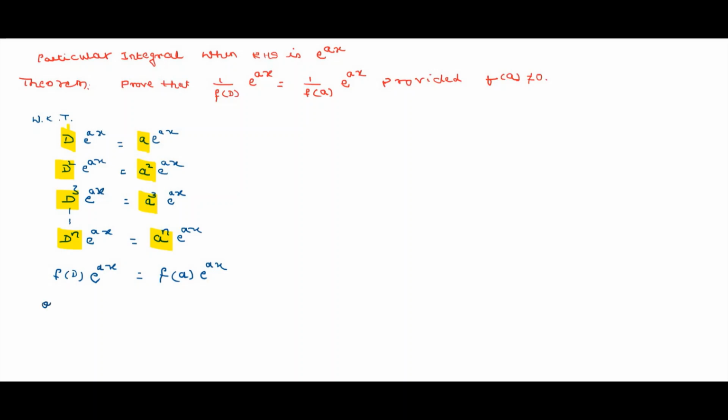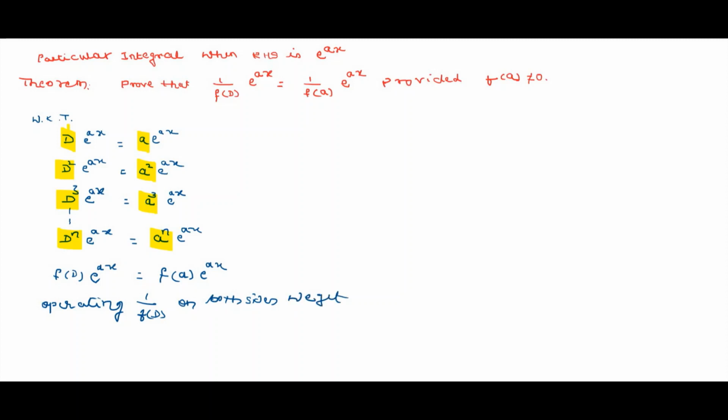So first, operating 1 divided by f of D on both sides.